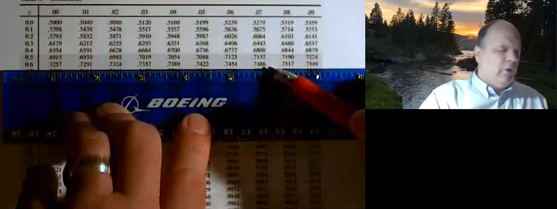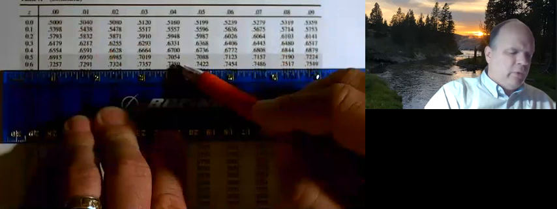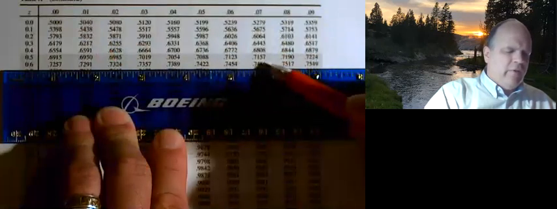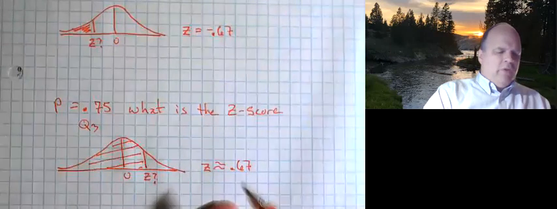And, oh, 0.7486, 0.7517. This is 14 ten-thousandths away, so it's closer. So 0.60, 61, 62, 63, 64, 65, 66, 67, as the column says. All right. And that would be my answer for that one, which is 0.67.